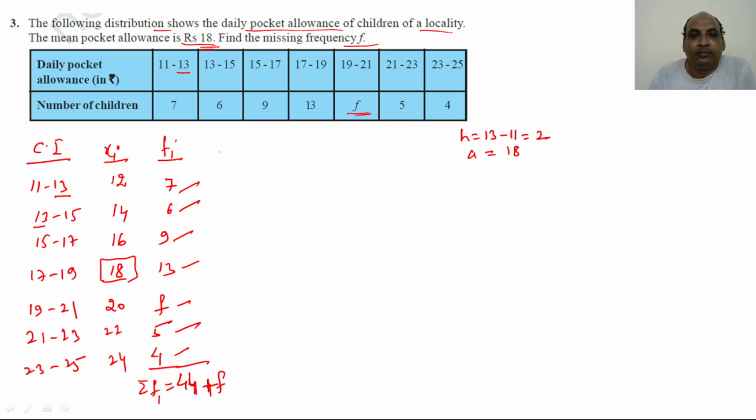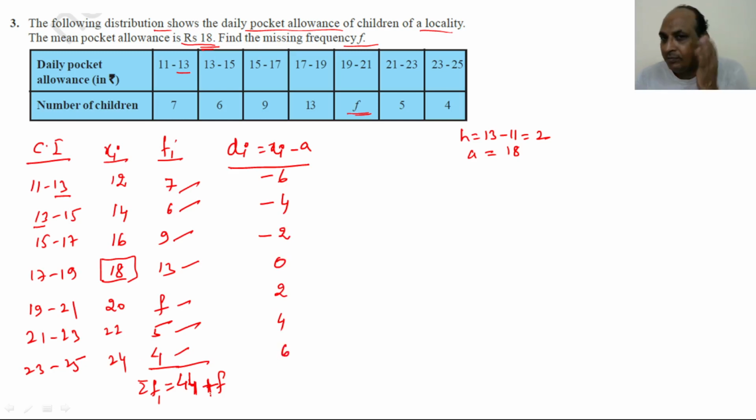So we will go for Di equal to Xi minus A. Okay, so 12 minus 18, minus 6, 14 minus 18, minus 4, 16 minus 18, minus 2, 18 minus 18, 0, 20 minus 18, 2, 22 minus 18, 4, 24 minus 18, 6. Right?